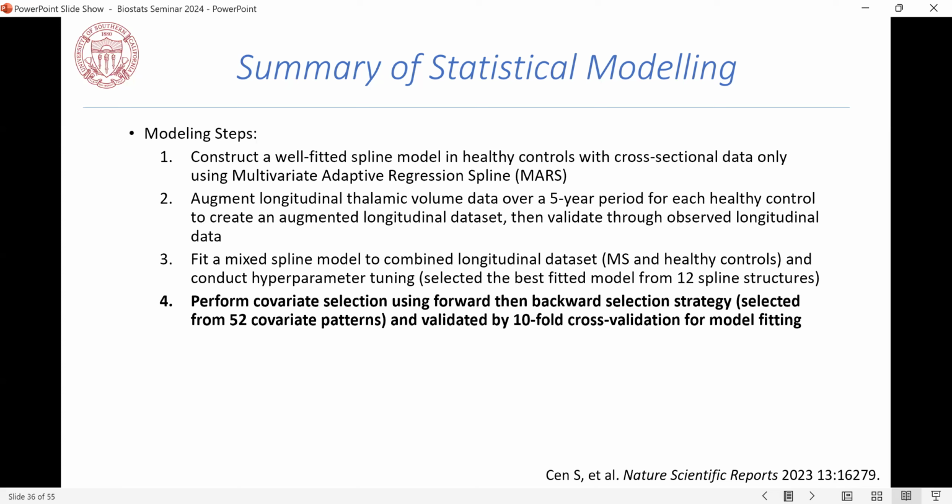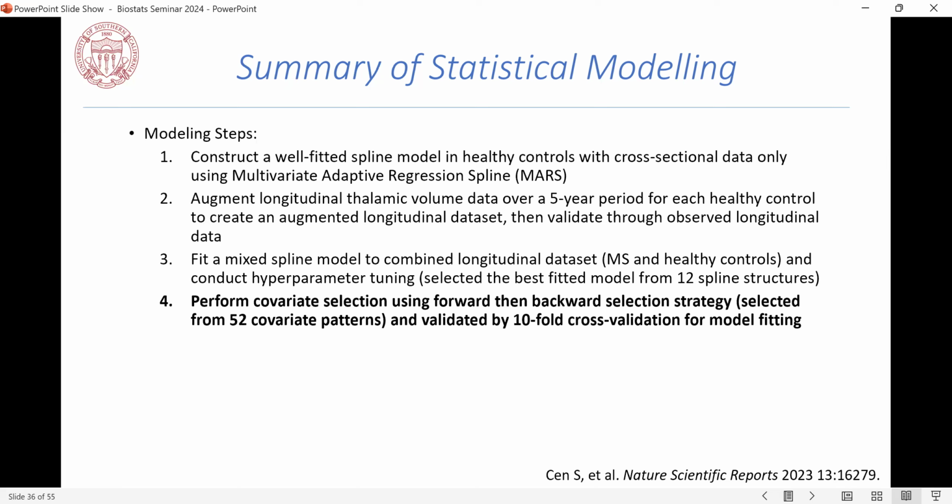Is there any factor that can moderate the spline term? That's why we have to look at the covariates as a bundle, as a group, one by one. It's a very tedious way to look. So we have 52 different covariate patterns to deal with, and then validate, very importantly, by tenfold cross-validation.